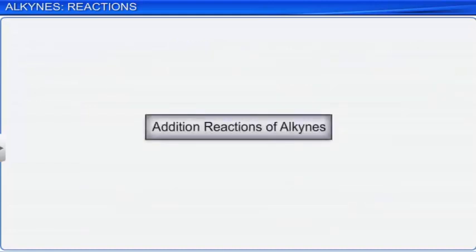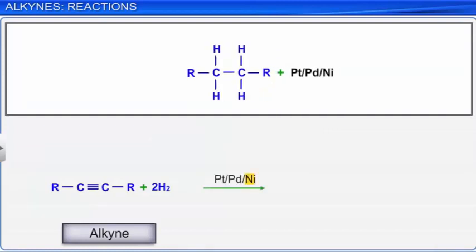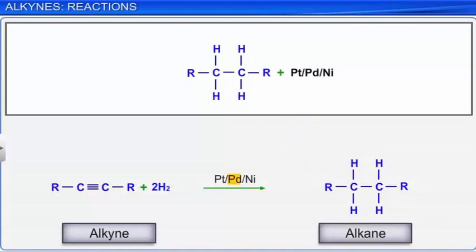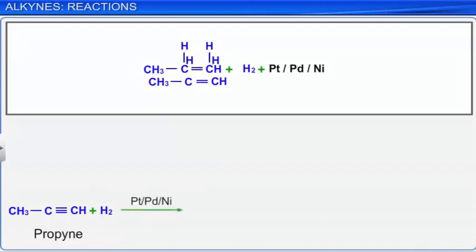An alkyne reacts with two molecules of dihydrogen in the presence of suitable catalysts like finely divided nickel, platinum or palladium to form the corresponding alkane. For example, propyne reacts with two molecules of dihydrogen in the presence of finely divided nickel as catalyst to form propane.